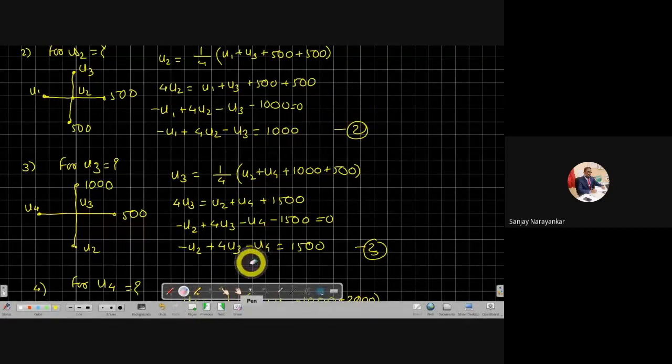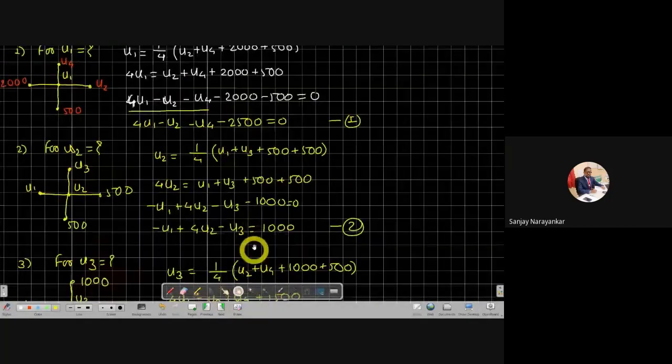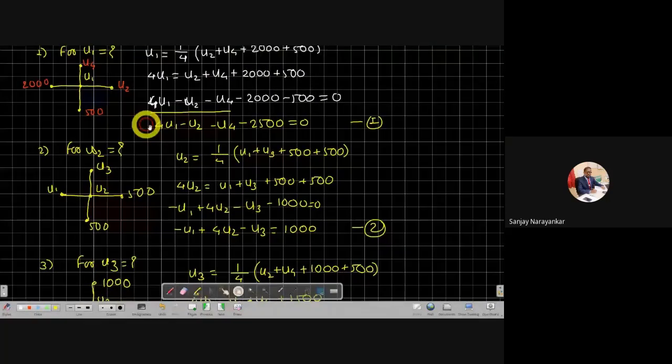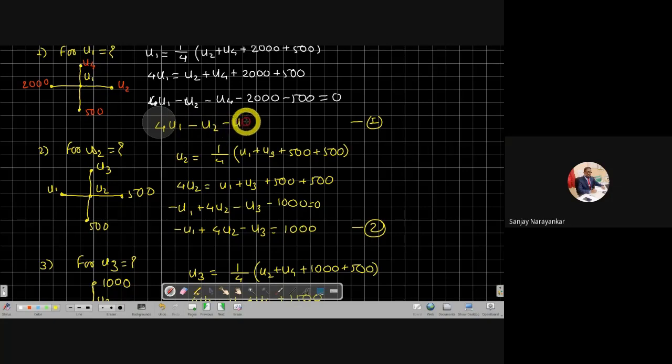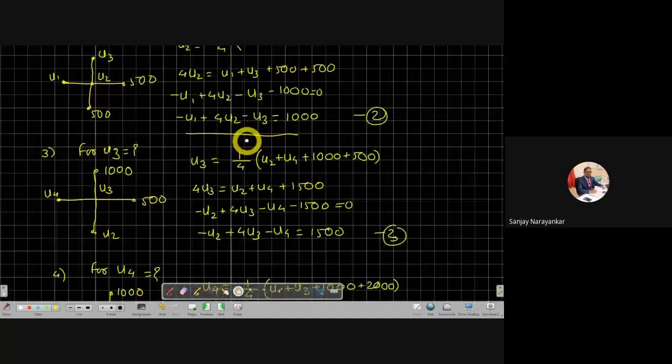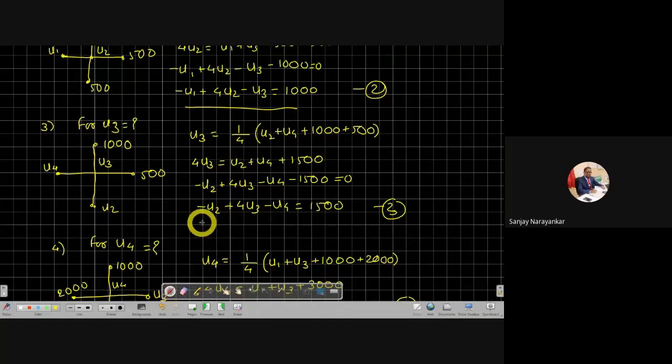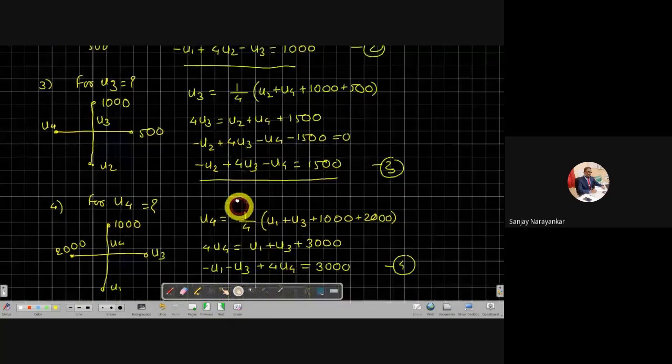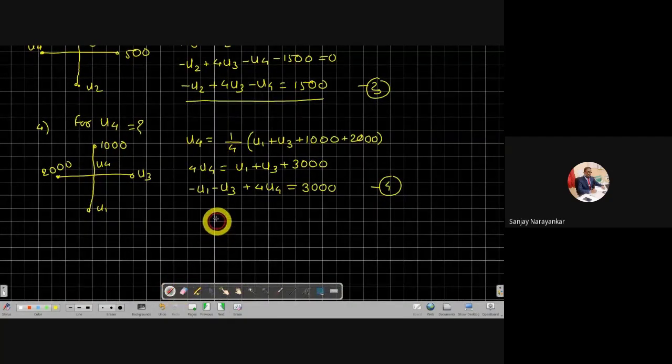And similarly, we'll write this also: 4U1 minus U2 minus U4 is equal to 2500. We got all these equations, 4 equations. Any doubt, students, to get the 4 equations? Yes, students? Any question?